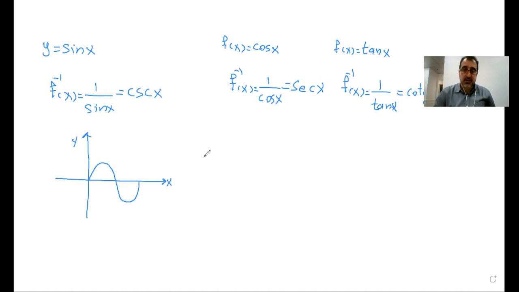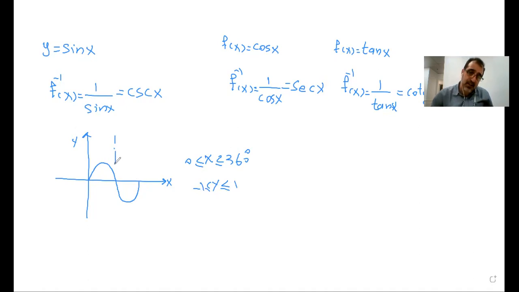This is y equals sine x. Always when you deal with a trigonometric function, make sure you know the domain, x between 0 and 2 pi, or in terms of degrees, 360 degrees, and the range would be negative 1 to 1.